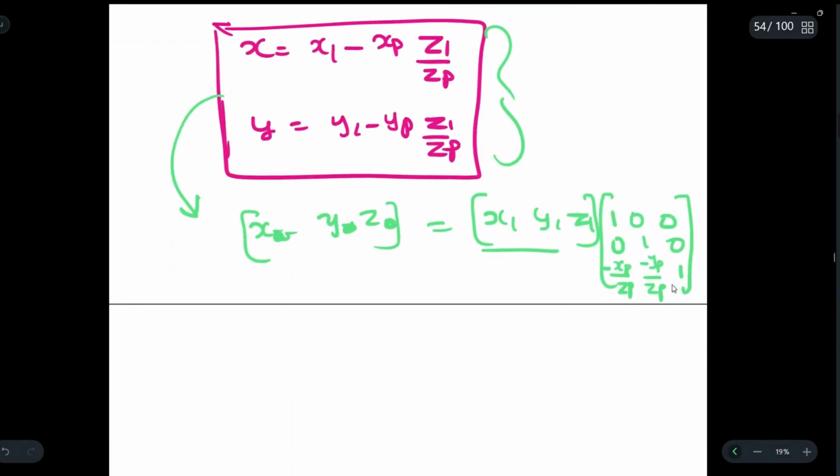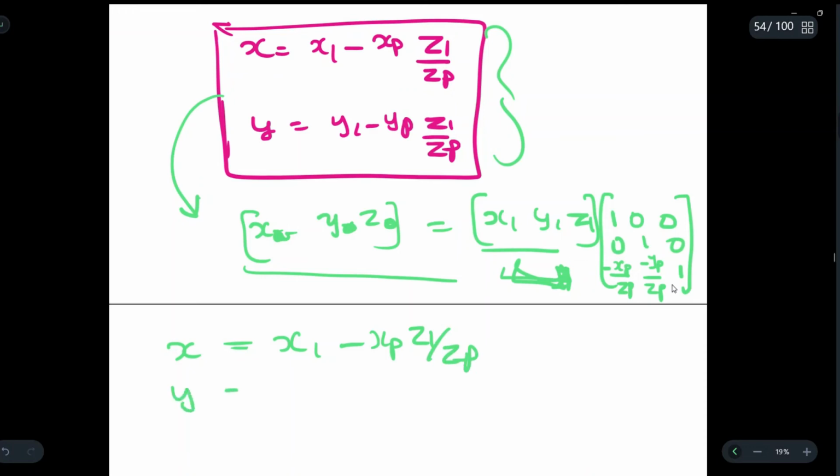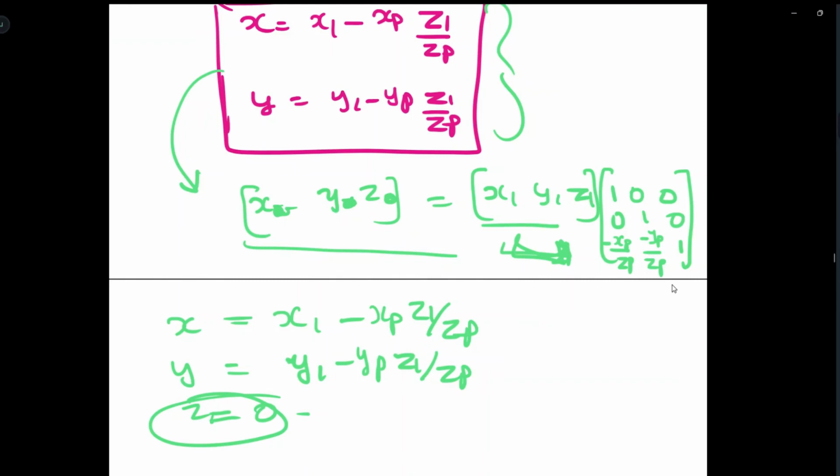Now how did I get this? If you multiply these two matrices, you will get the value of x as x1 minus xp z1 by zp, and the value of y as y1 minus yp z1 by zp. But the value of z you will get as 0.